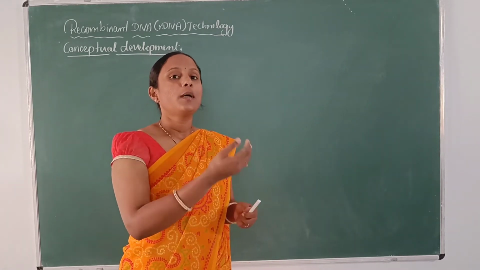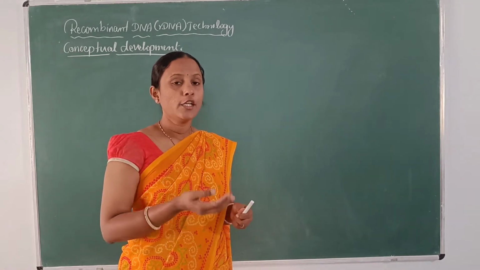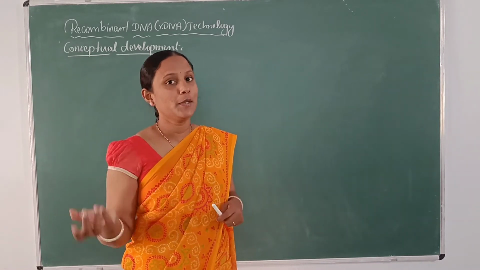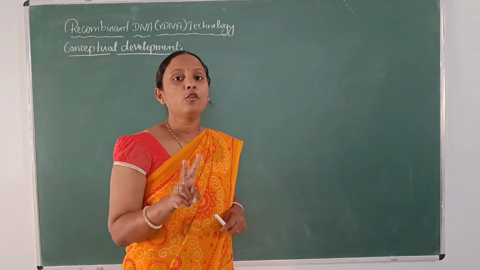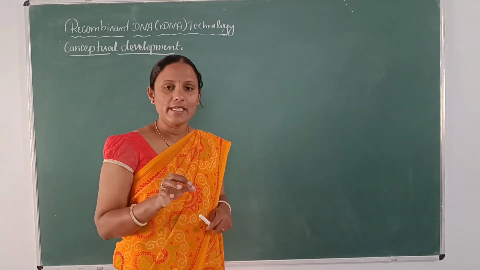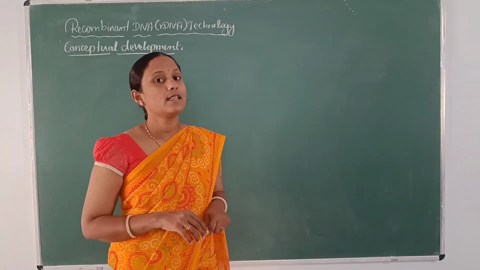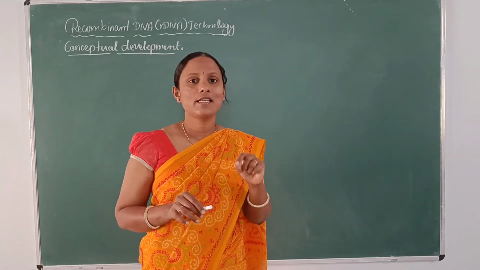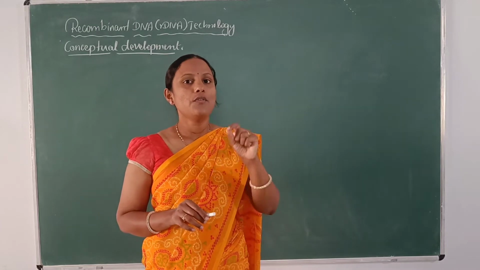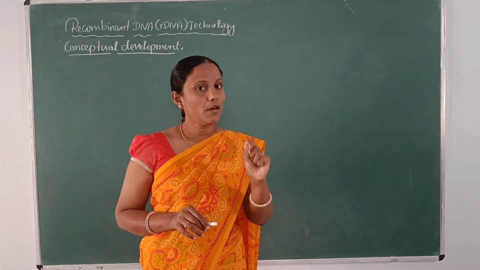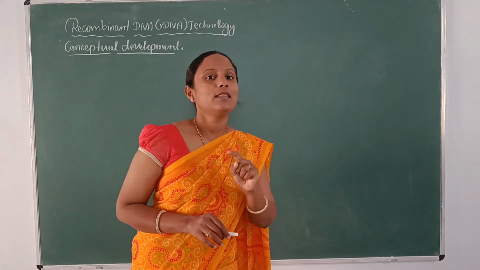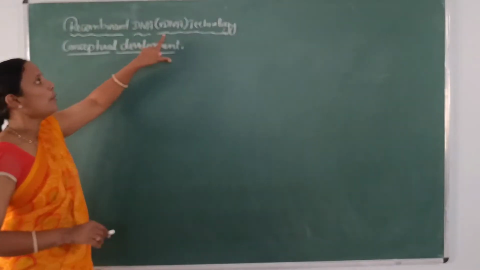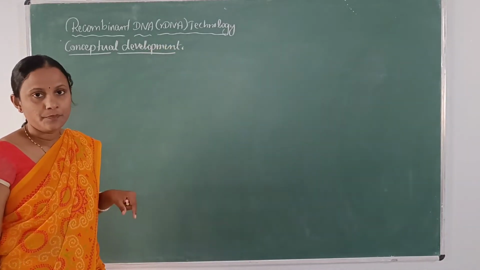From that recombinant cell, in order to get a desired product, the second core process is to maintain the sterile environment to get the desired product. And now we shall discuss one of them in detail, that is recombinant DNA technology.